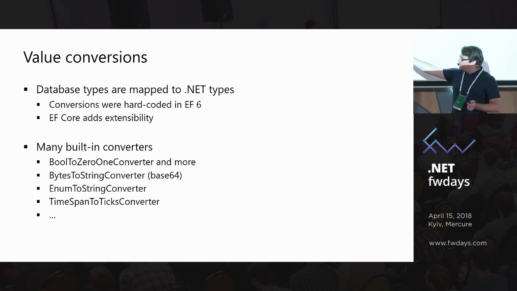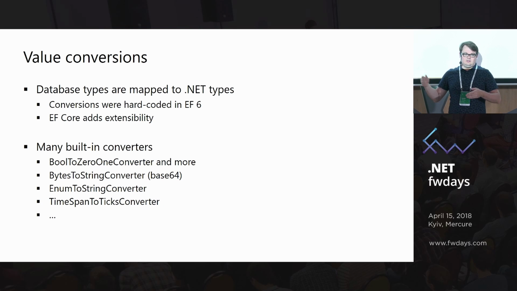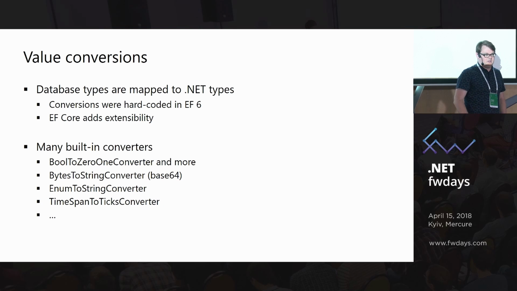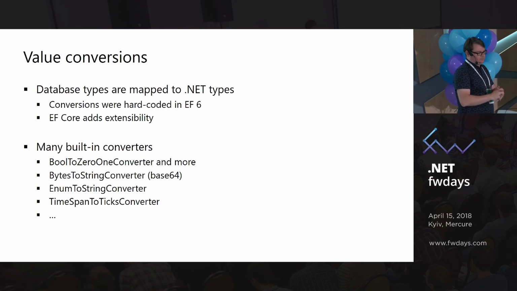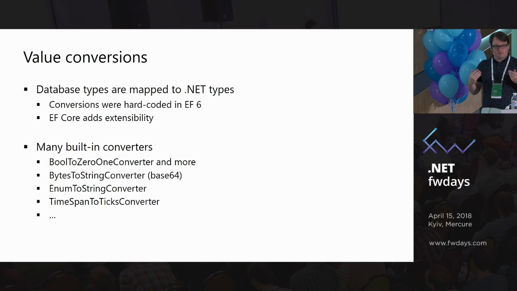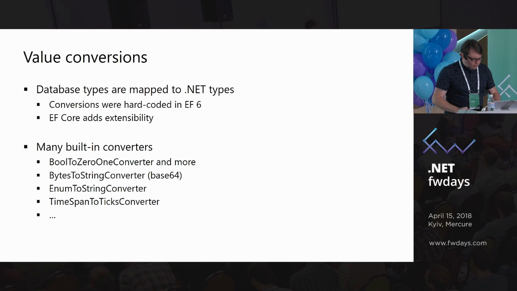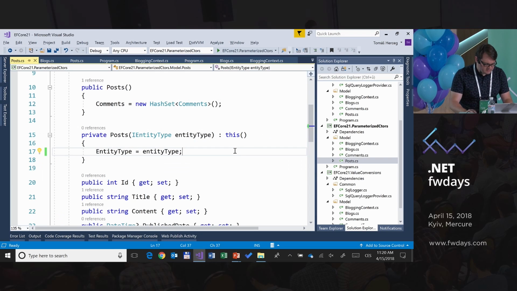But if you use time span to ticks converter, the ticks can be mapped to a long field, and there can be any time interval used. So this lets you build rich models and define the mapping on the database. You can define your own mappings, as we will see in the demo.